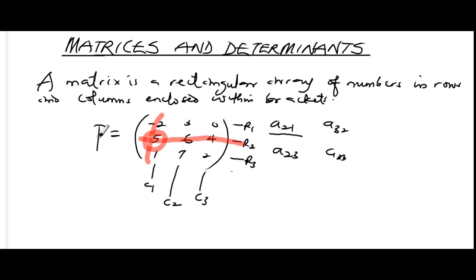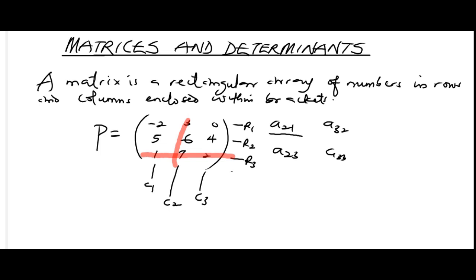Then for A32, we are going to locate A32. A32 is third row, second column. So that is 7. Then we have A23.